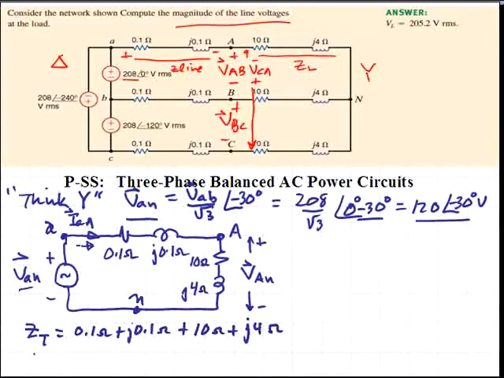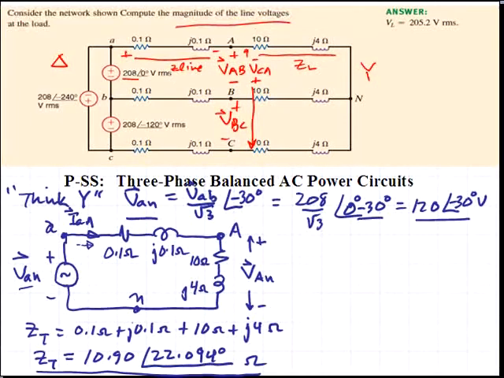And this Z sub T has a polar value of 10.90 at an angle of 22.094 degrees ohms. Now we'll calculate the magnitude of the line current I sub AA, and that will equal the magnitude of the phase source voltage V sub AN divided by the magnitude of that total impedance.